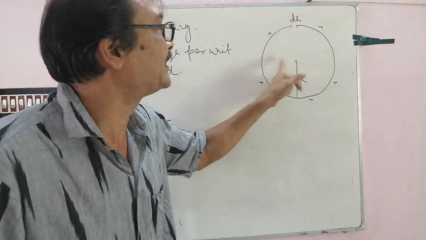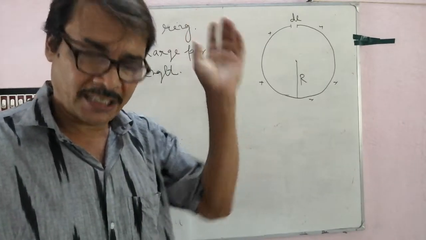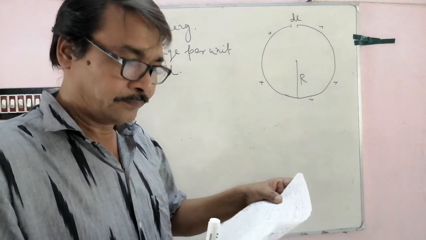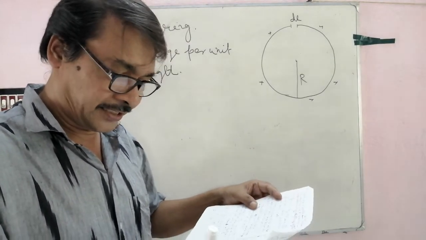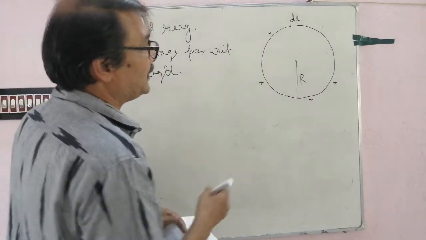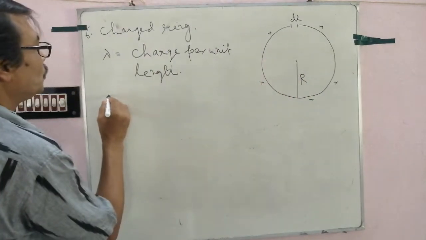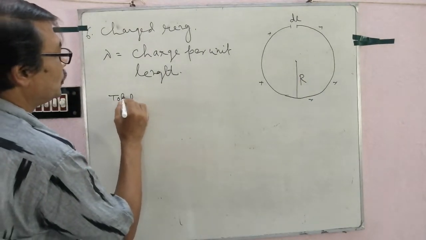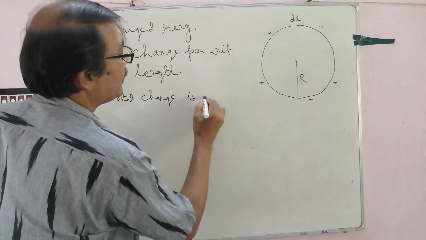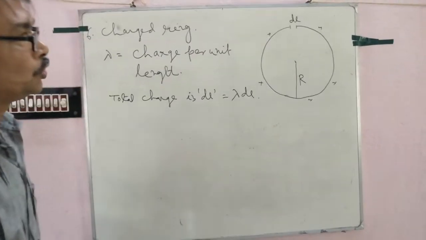The total field at the center due to the whole ring is nil, which I discussed in the earlier question. But here a portion is cut, so the total charge in dl is lambda dl.